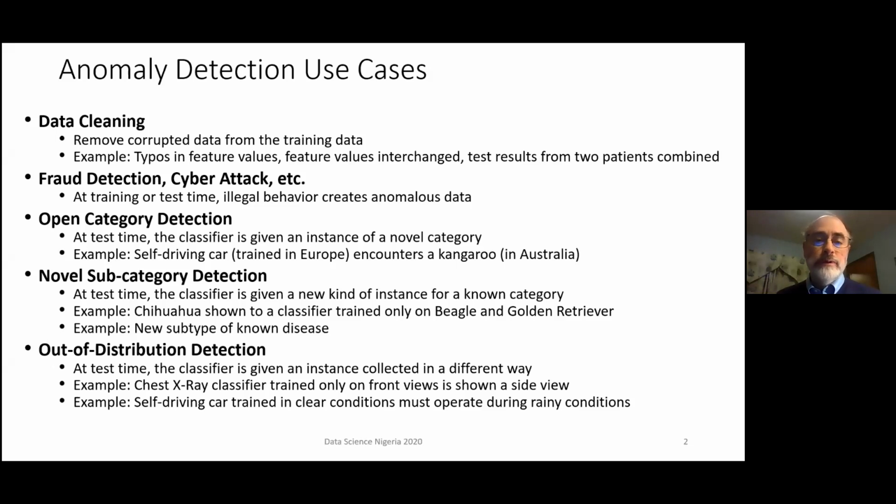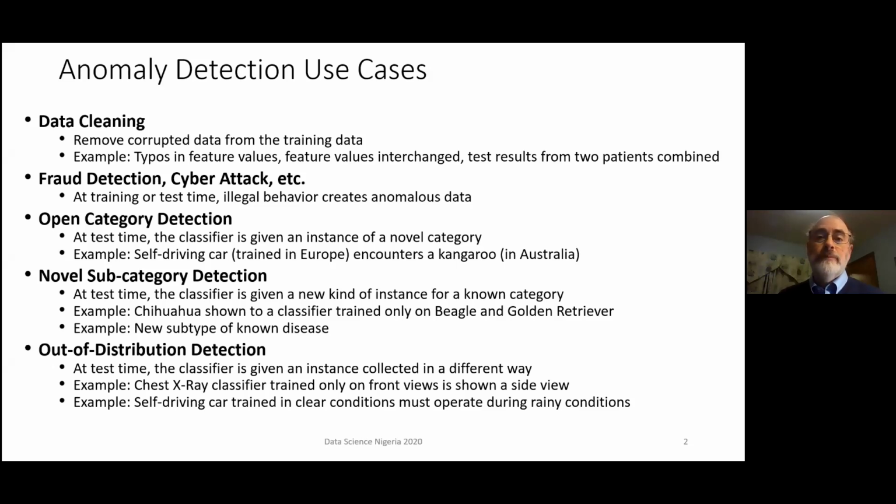A third use case that I mentioned is open category detection. This is the case where at training time, we trained our classifier over some set of possible classes to make classification. For example, in object recognition, we might have trained it on the typical obstacles that we would expect a self-driving car to encounter, or in a medical system, the set of diseases we expect the system to encounter.